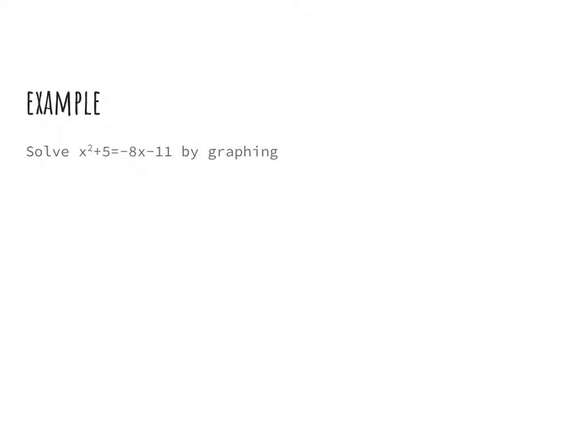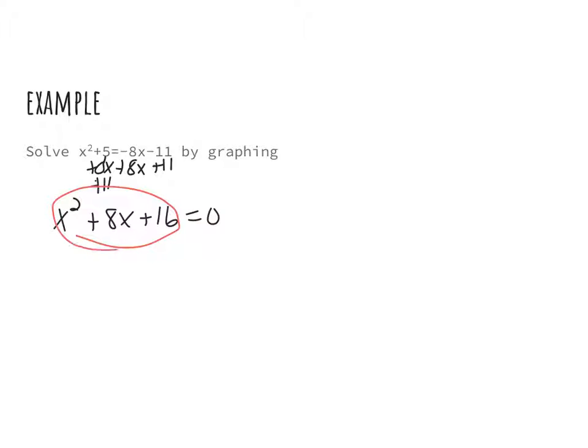We've got our second example here. Again, we need to get it equal to 0, so we're going to add 8x to both sides and add 11. So we're going to get x squared plus 8x plus 16 equals 0. This is what we're going to type into our calculator, and when I hit graph, this is the graph that'll show up. You'll notice I've got only one solution right here. So then I go second trace, option 2, 0.